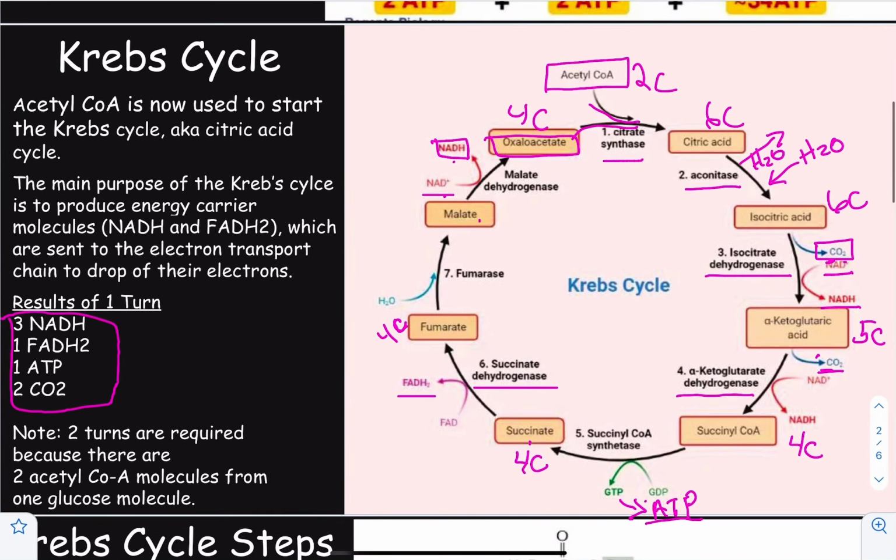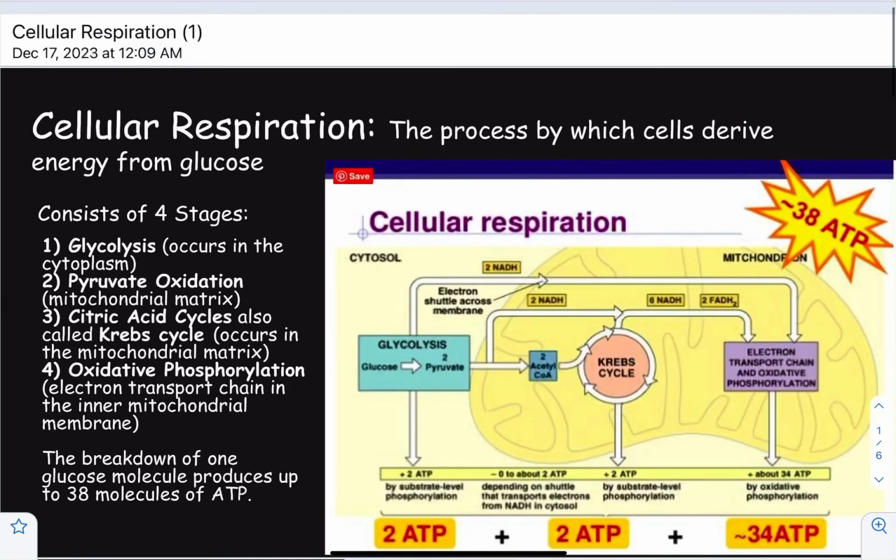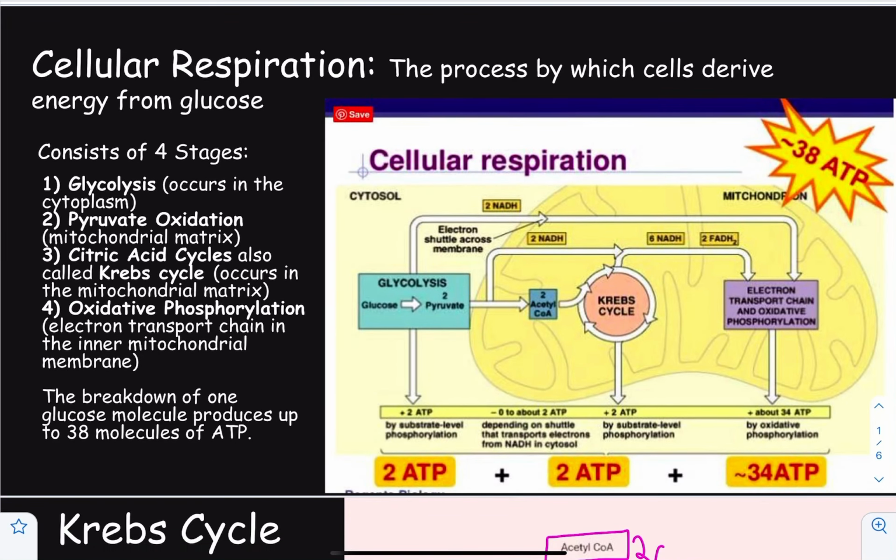So the purpose of all this is to produce the energy carriers, NADH and FADH2. Here you have the 3 NADHs, and this cycle runs twice, so we'll see 6 NADHs.